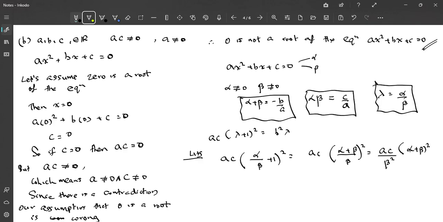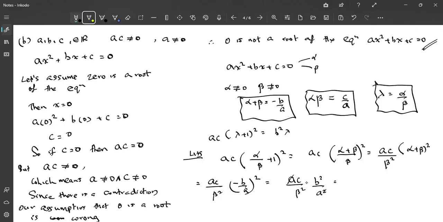Now alpha plus beta is actually minus b over a, so I can say this is equal to AC times minus b over a, the whole thing squared, over beta squared, so b squared over a squared. This part and this part cancel off.